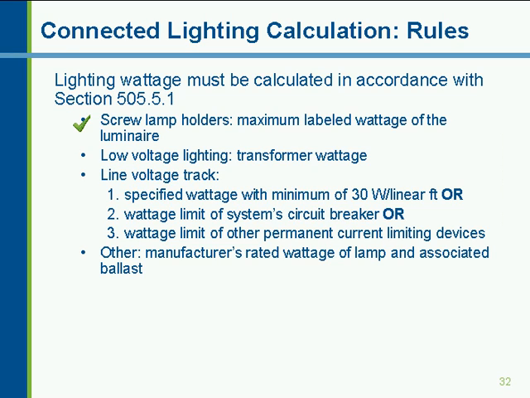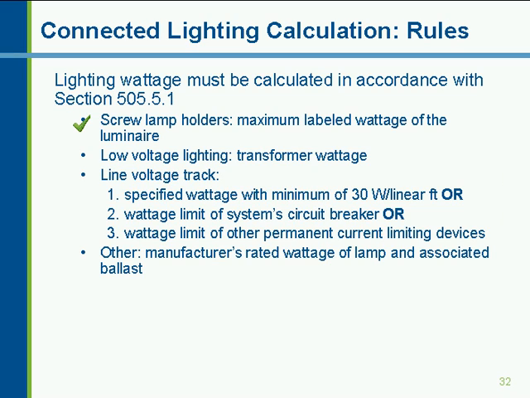So whatever the labeling is that came from the factory, etc., is the number you are to use. You cannot use the simple wattage of a bulb you may or may not be putting into that fixture. It's got to be the maximum labeled wattage of the luminaire, because that is the wattage that may at some point, either initially or down the line, be installed into that fixture.